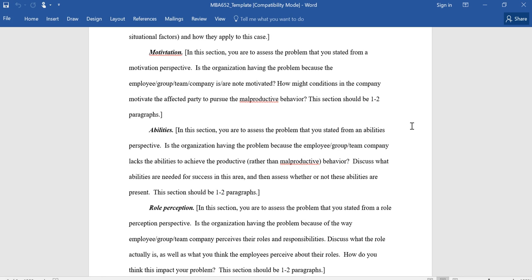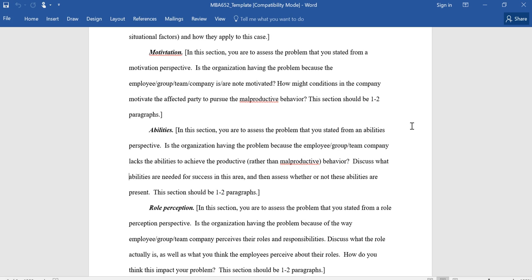Do they actually have the ability to do this, right? So we want someone to do something and things are not done, and you have to make sure that this is aligned with whatever that behavior is that we're talking about. Is there something about their abilities that's driving them to that behavior?